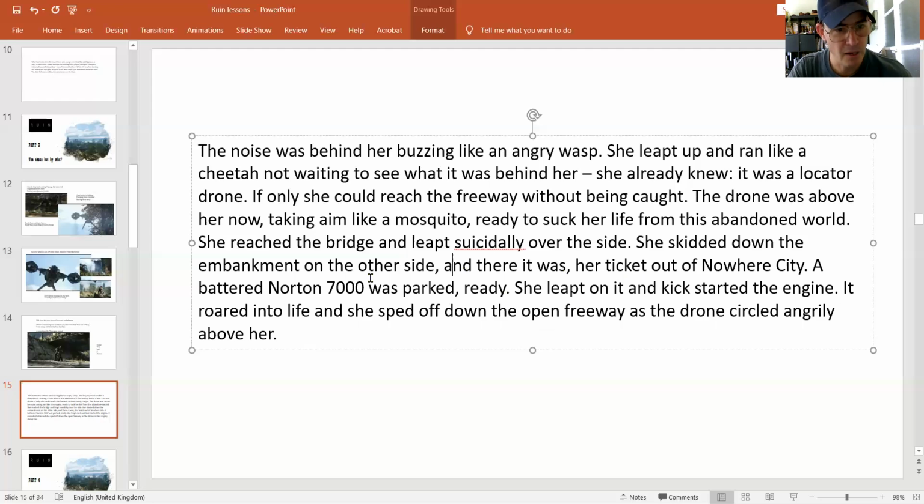Brilliant. A battered Norton 7000. Have you noticed that Norton is a sort of not so common now, an old English motorcycle manufacturer. My granddad used to have Nortons. And I've got this little tip from J.K. Rowling, Harry Potter. You know, she had some brooms and she had a Nimbus. And now a Nimbus is an old aircraft, a military aircraft. They still use them now. A Nimbus.